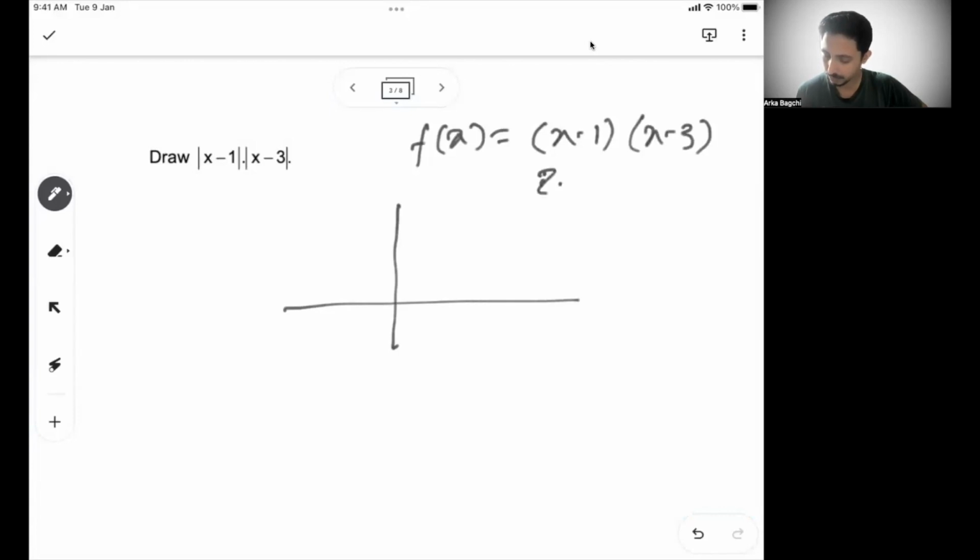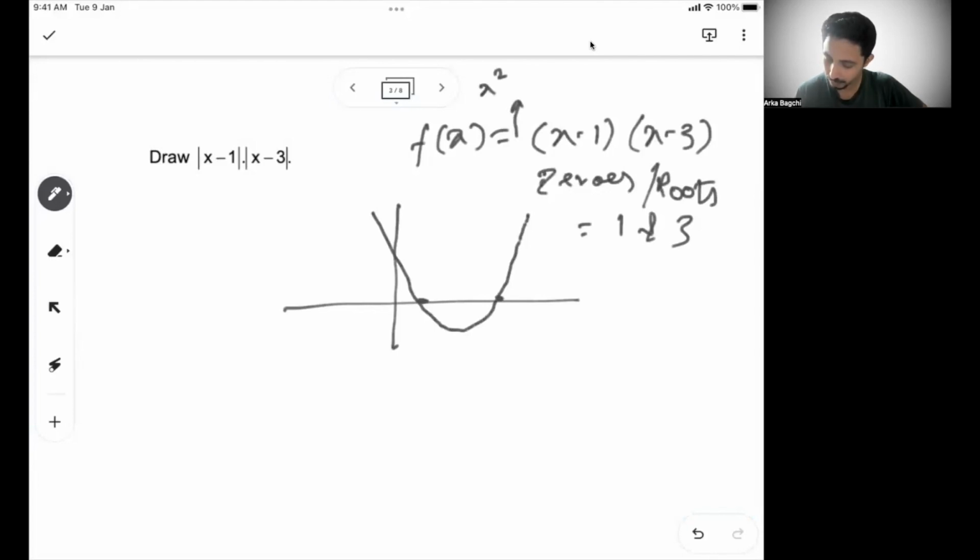Your zeros or roots are 1 and 3. So that means the graph will go like this. Because if I break this up, it becomes x square minus 4x plus 3. So my coefficient of x square is positive, which is 1. So that means the graph will be opening upwards.